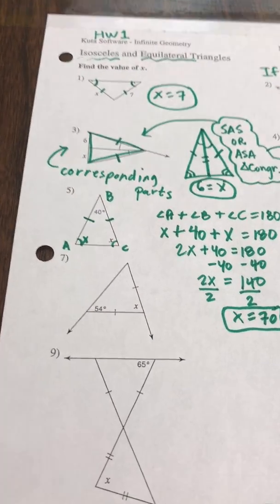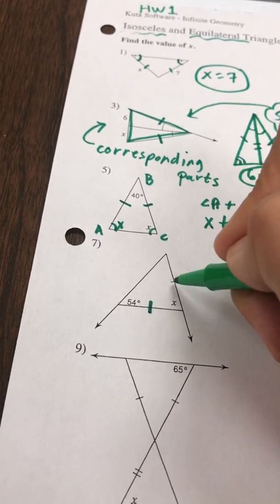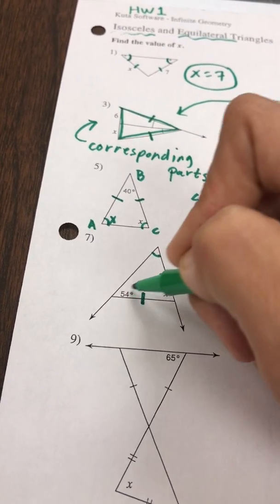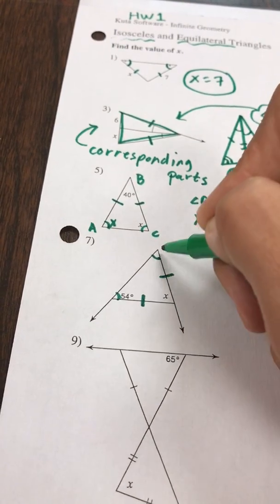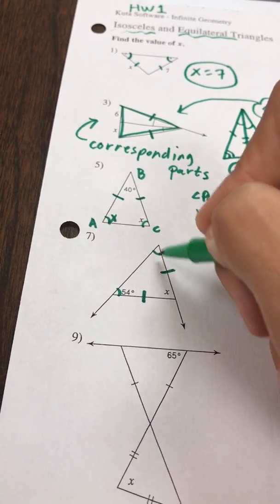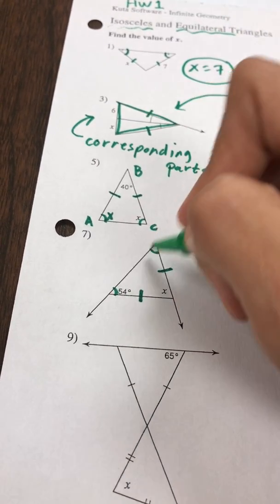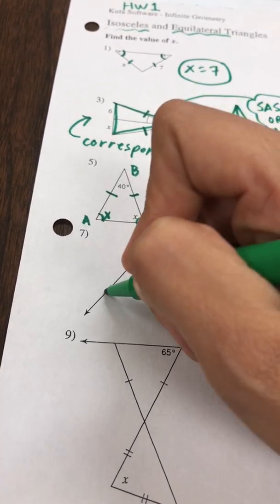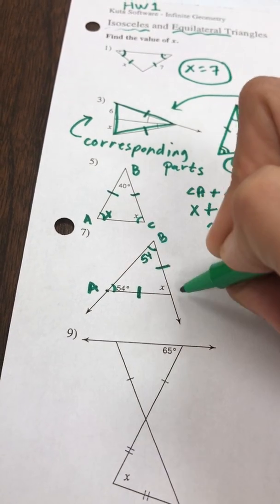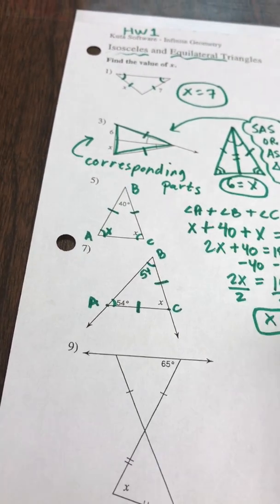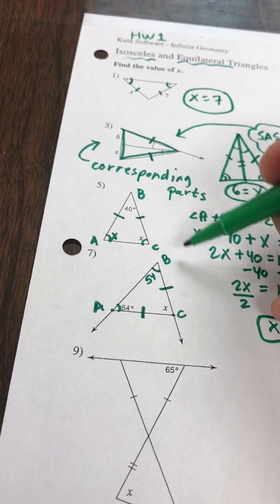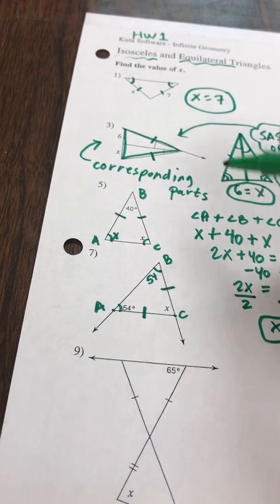All right, number 7. Mark, mark, whoop, bam, whoop, bam. Mark, mark, necklace, necklace. If this is an isosceles triangle, then these base angles are congruent. So that's 54, that's 54. And I can think of this as triangle ABC. So, kind of running out of room.